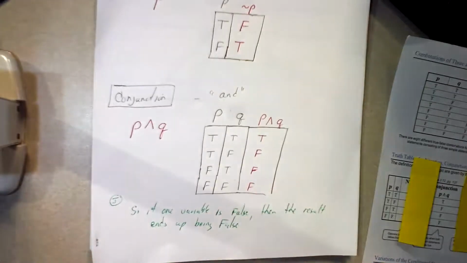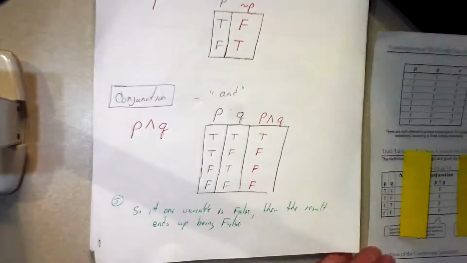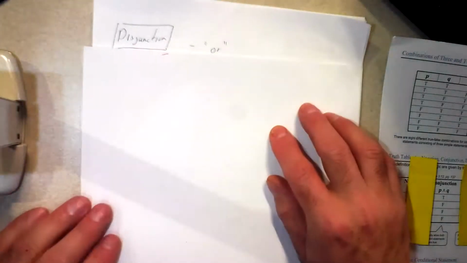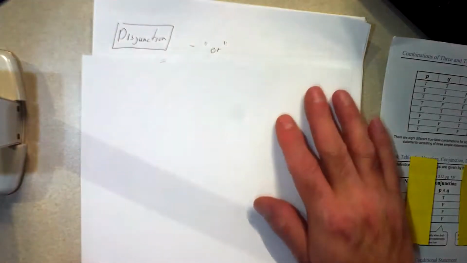All right, so let's go to the next one. The next one is the disjunction. Okay, now for the disjunction, remember the key word was or.